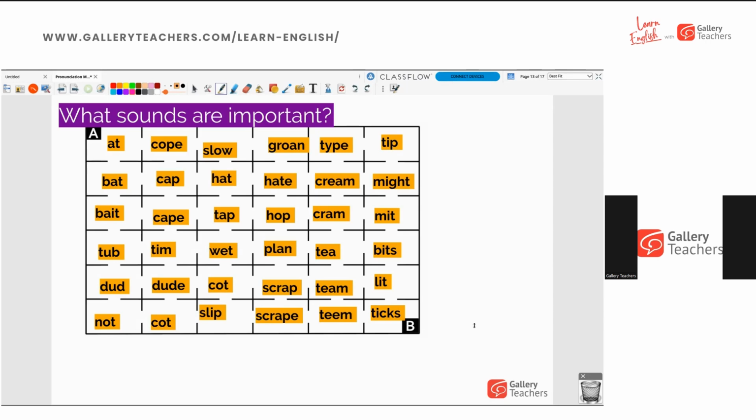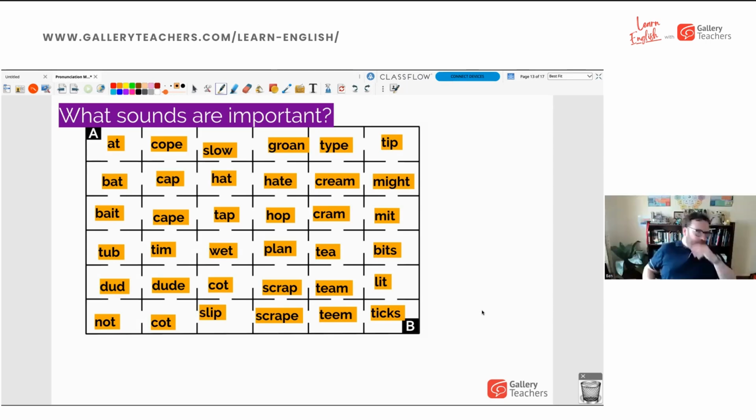Yes, please. Perfect. Okay, so this is a short vowel. We are starting at A. We're starting here, and we need to finish at B. So, what's the next short vowel? Right, we're going with short sounds. What do you think it is? Write in the chat.